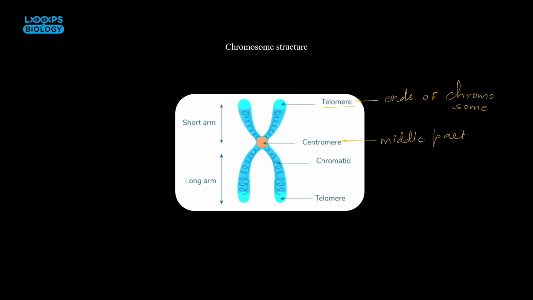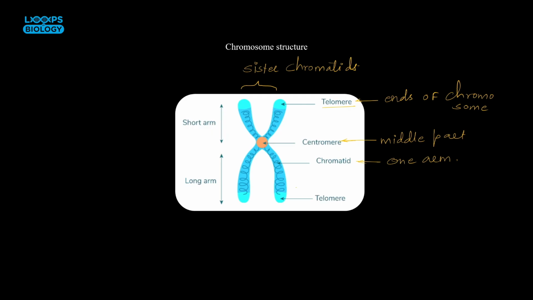Then the one arm is called chromatid. So this is nothing but one arm of the chromosome. The arms present on the same side are called sister chromatids.